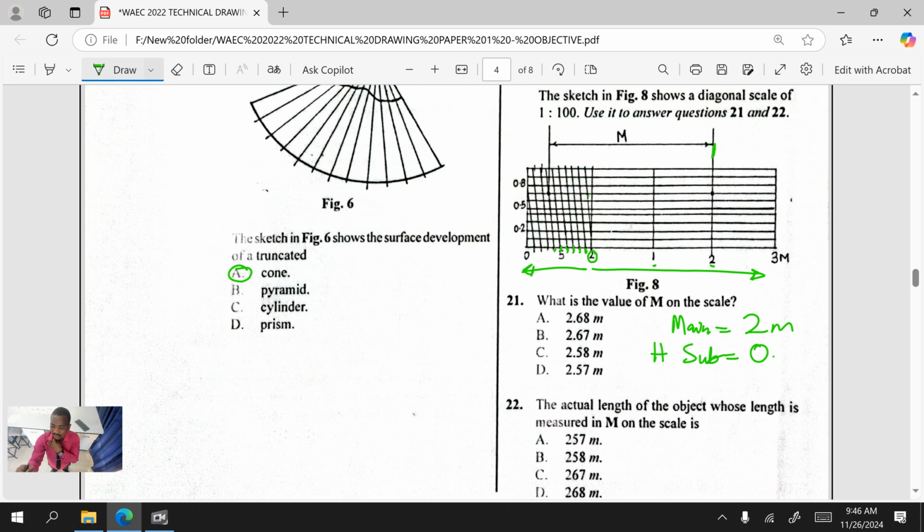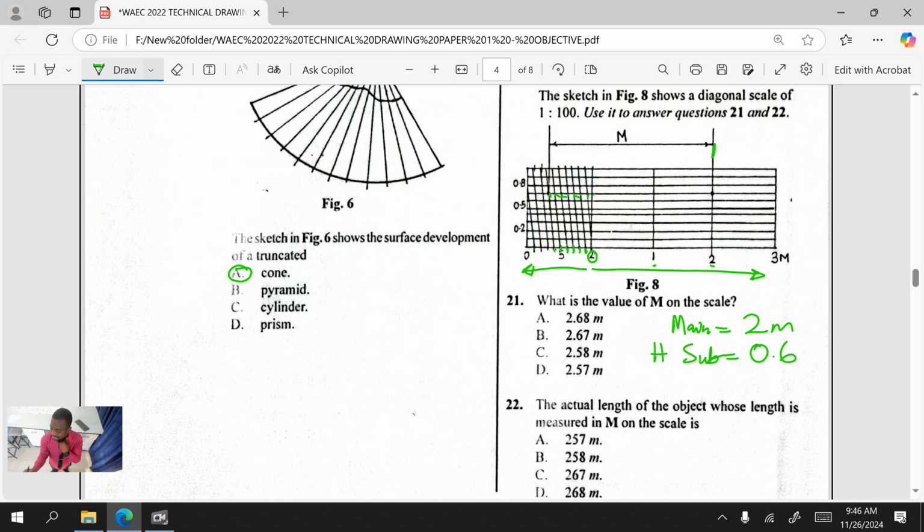This is 0.0. Let me count it well. 1, 2, 3, 4, 5, 6. Good. So that is 6. So that is 0.6. Do you get it now?